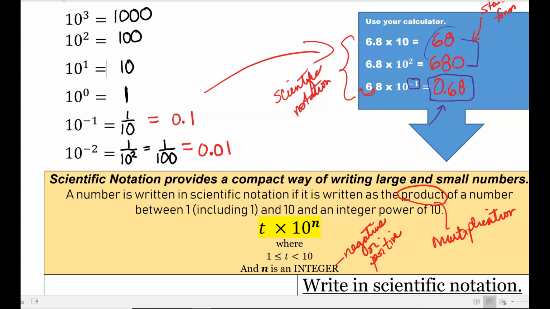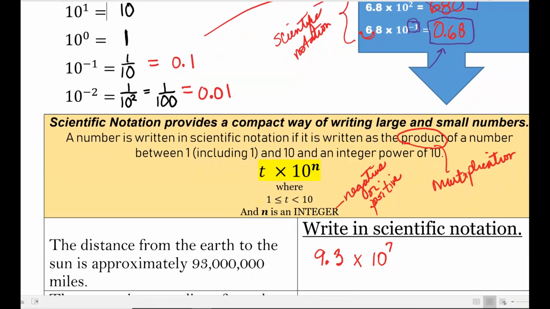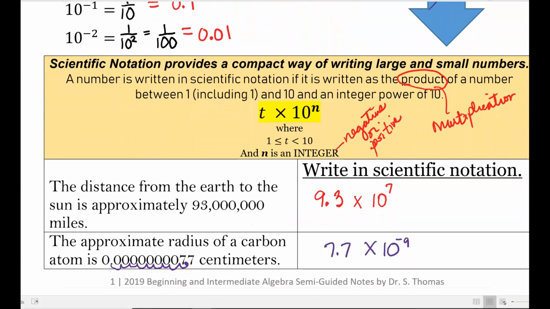So these numbers are greater than 10 here, but notice we have positive exponents. This one, however, has a negative exponent, and notice that it's associated with a number less than 1. 0.68 is less than 1. All right, let's move on to the next page.